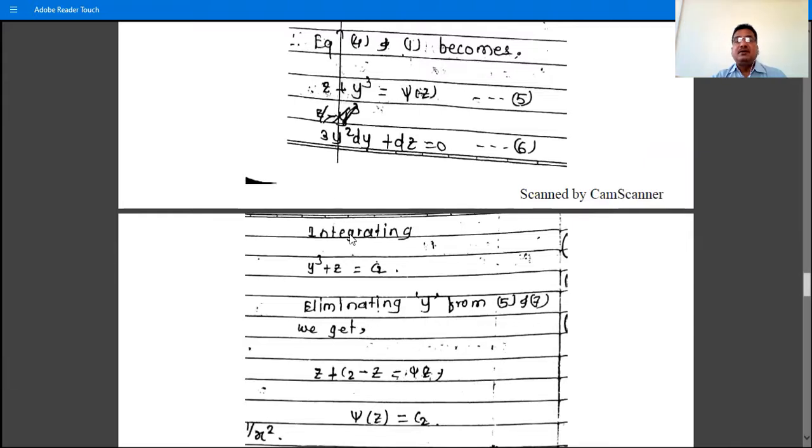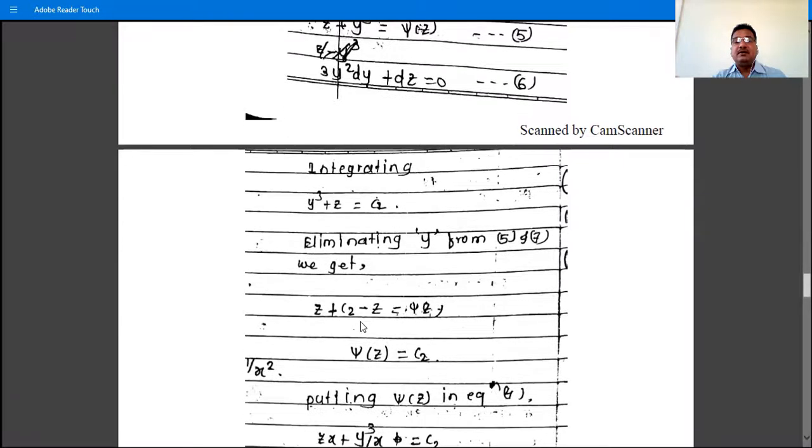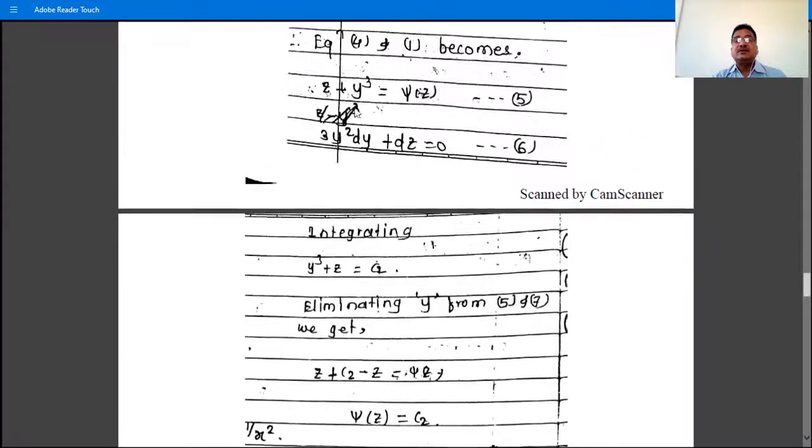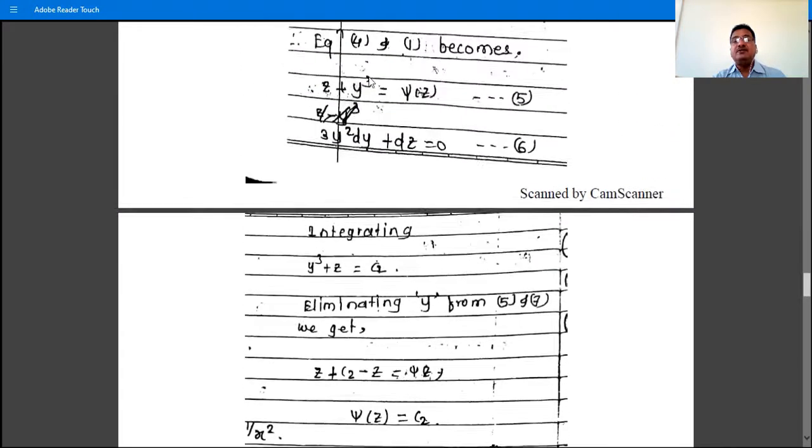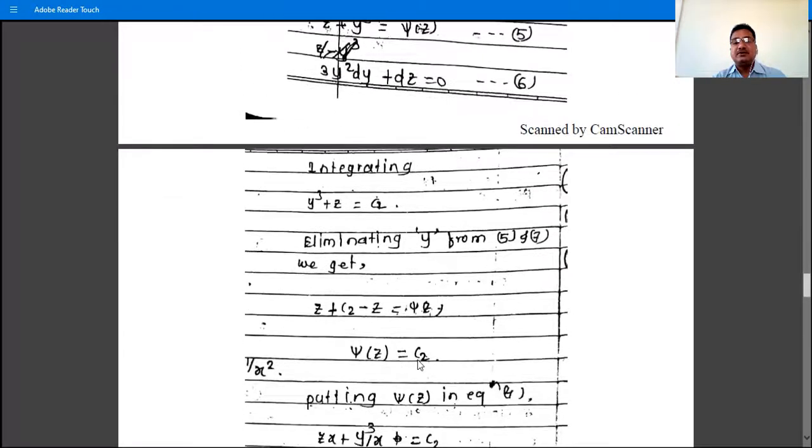Subtracting these two, we directly have z plus y cube is psi z, so substitute z plus y cube as psi z. So we have psi z is equal to c2.